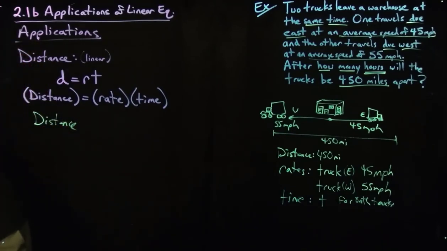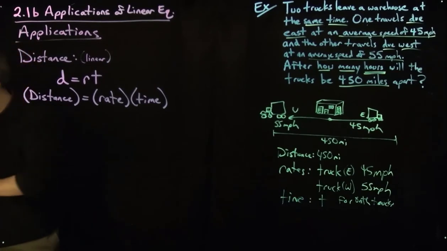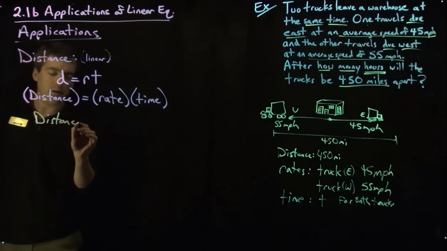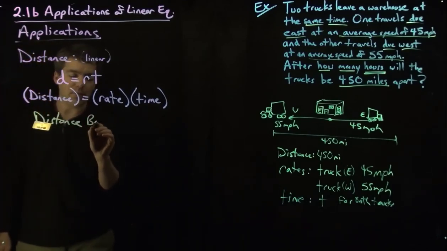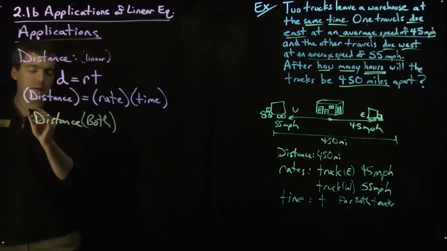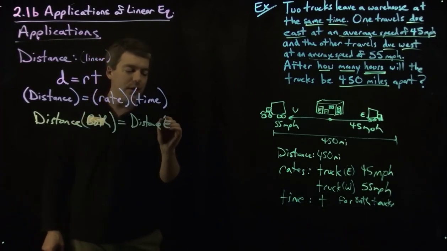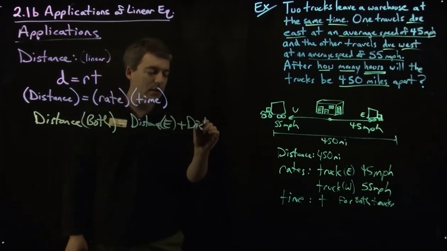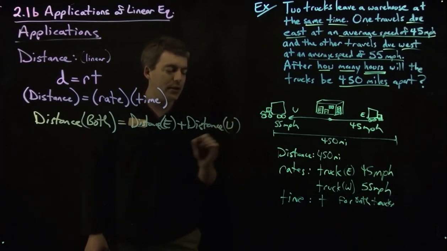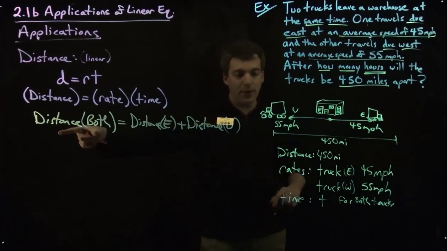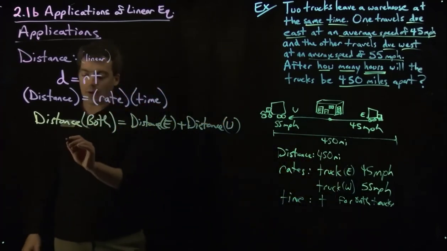Let me find a better one. Okay, so the distance the two trucks travel, so I'll just say both, it's going to equal the distance the east truck travels plus the distance the west truck travels. All right, now we want the distance between both of the trucks to be 450. So I'll go ahead and write that in there.